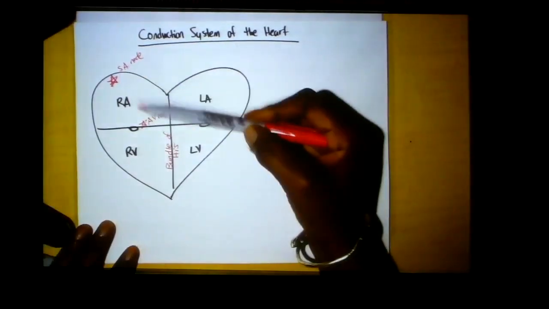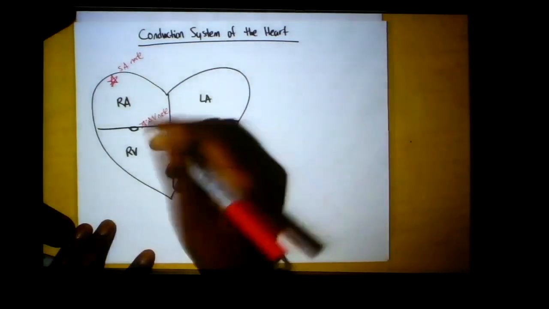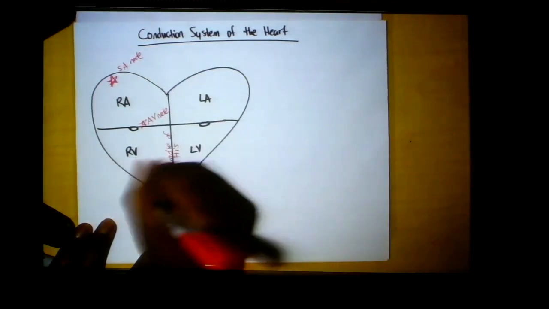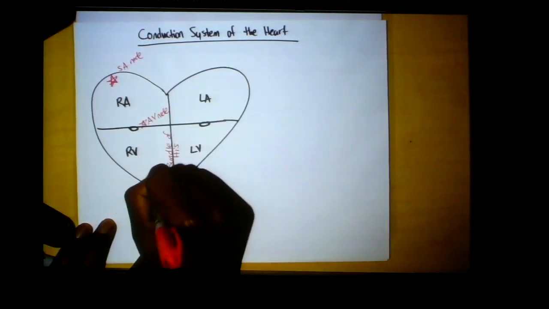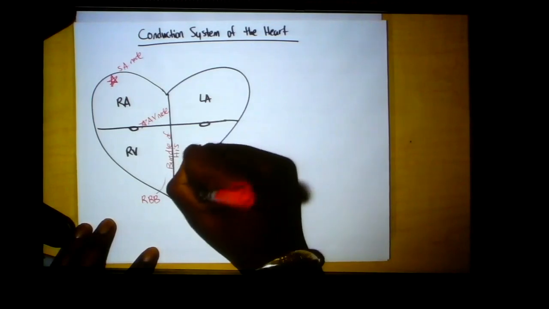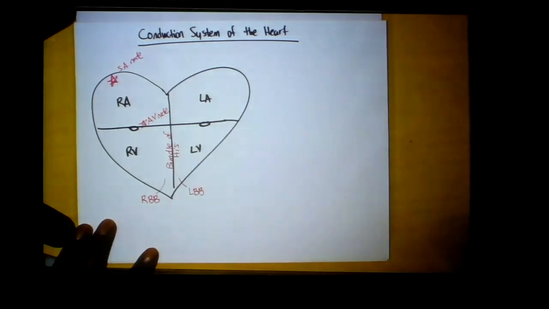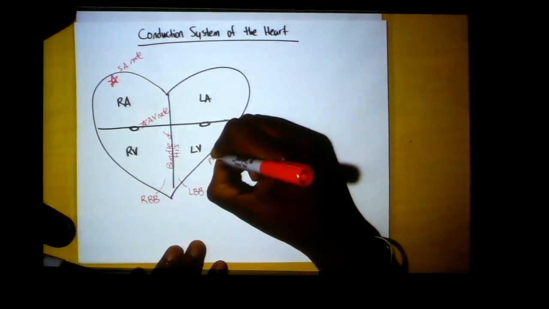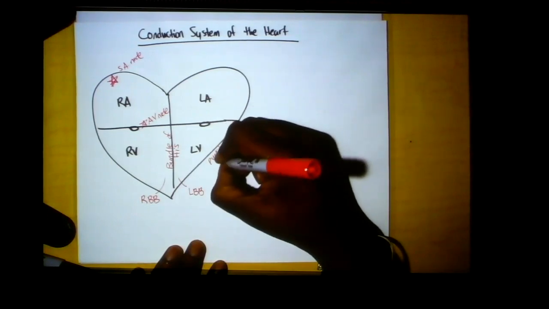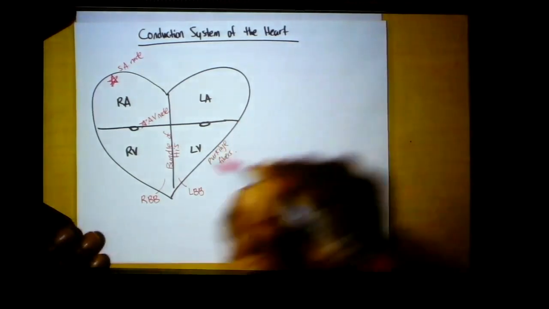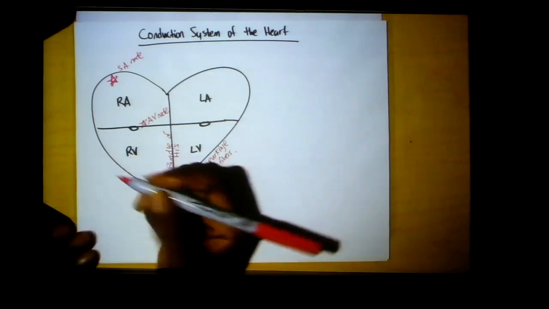So we have the SA node, the AV node, the bundle of His, and then we have our bundle branches. We have left and right bundle branches, and then finally we have Purkinje fibers. And the Purkinje fibers are actually running through the ventricles and up towards the valve.